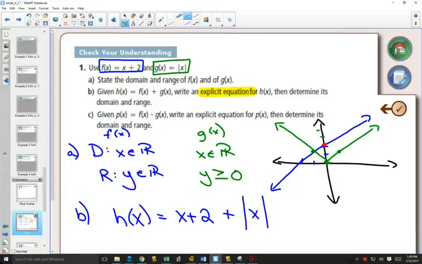If we add some more points up there, 1 plus 3 is going to be 4. What's going to happen where they're the same there? That's 1 plus 1. It's going to be 2 as well.